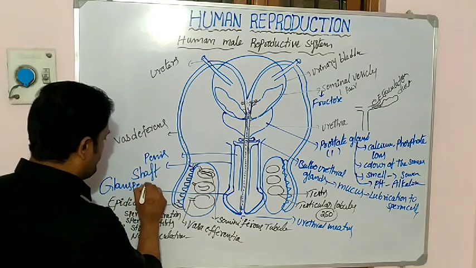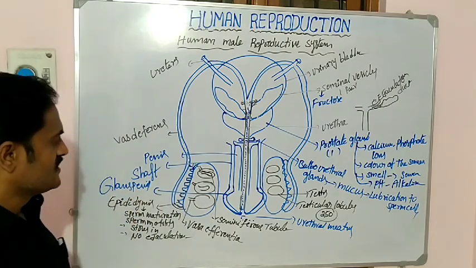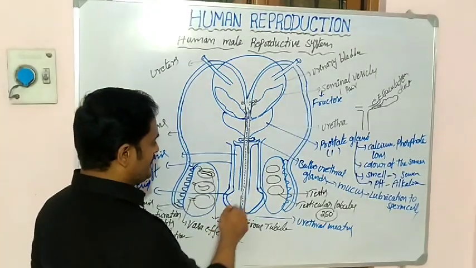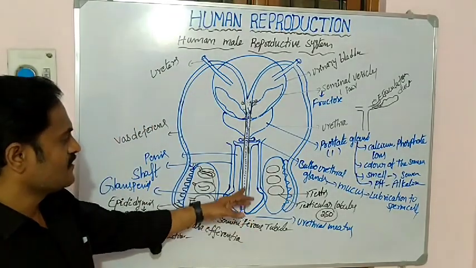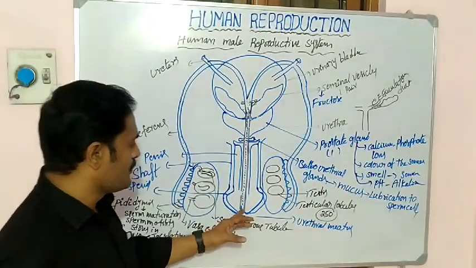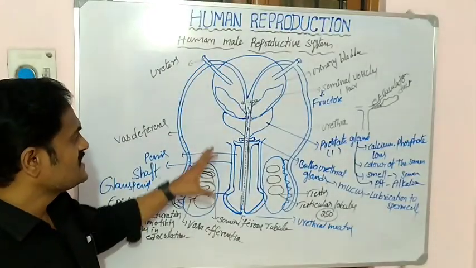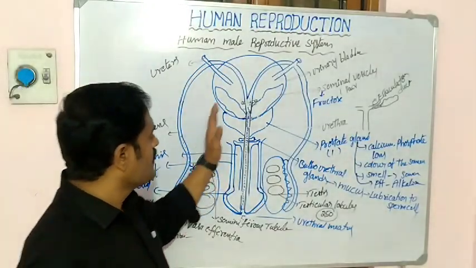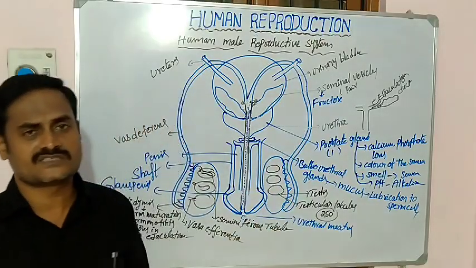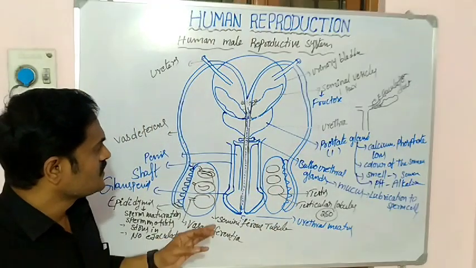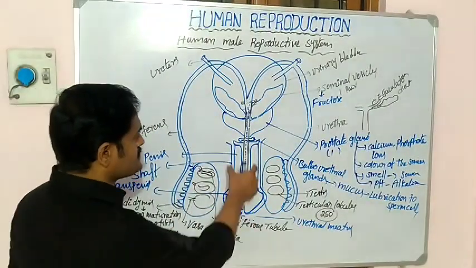Glans penis. Okay, then finally this end of the urethra opens as the urethral meatus. So this is the arrangement of the male reproductive system.